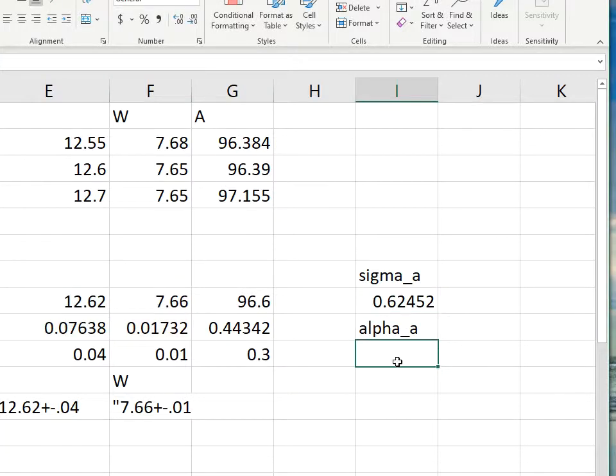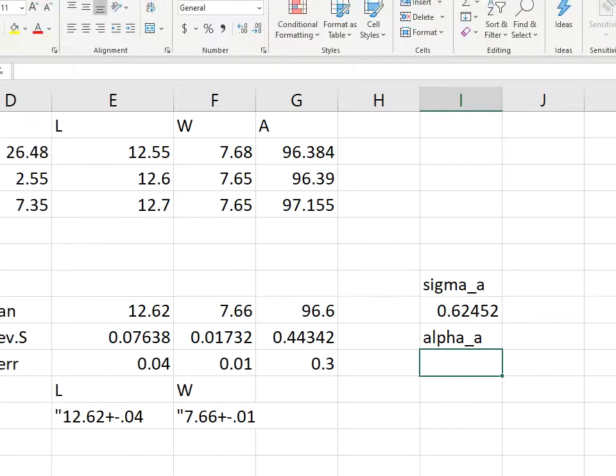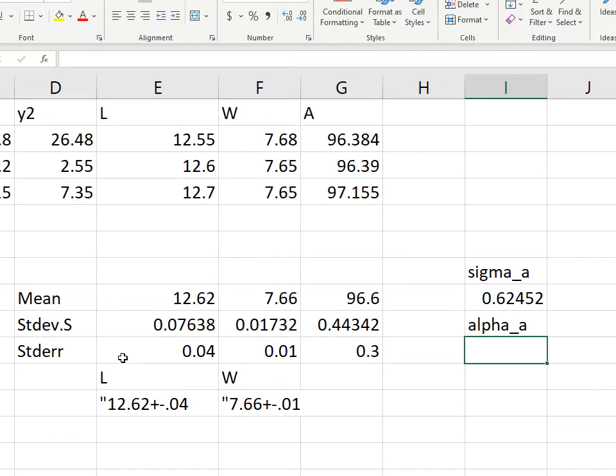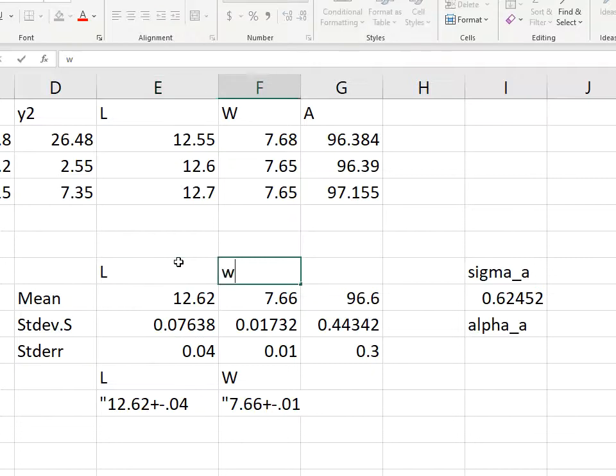All right, and then the alpha sub A is going to have to do with the standard error in the length and the width.